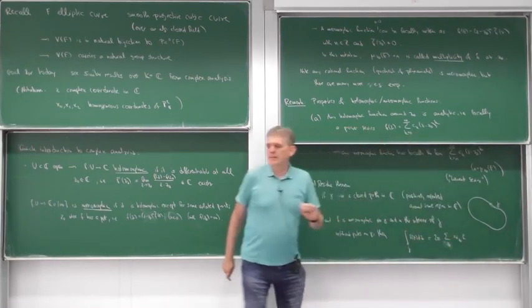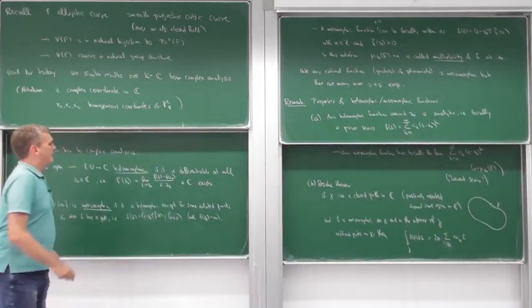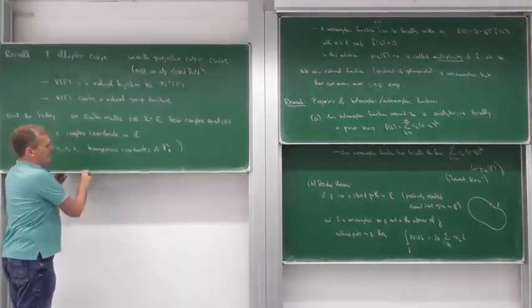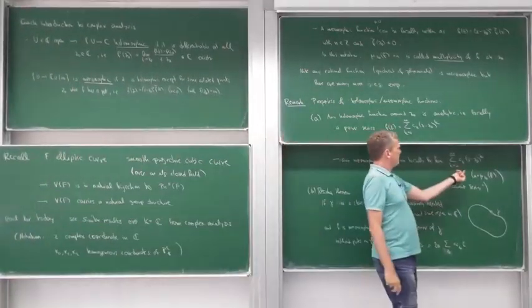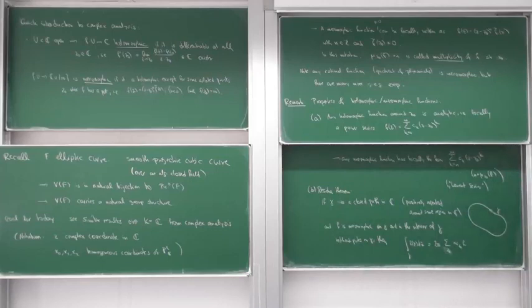And this residue is just, in the Laurent series expansion that we have here, the coefficient at the exponent minus 1.